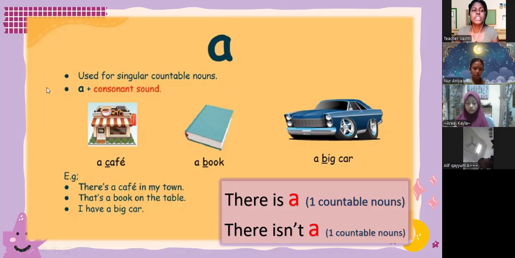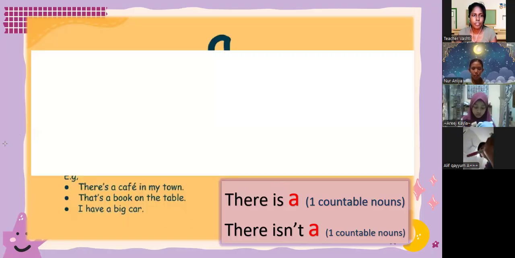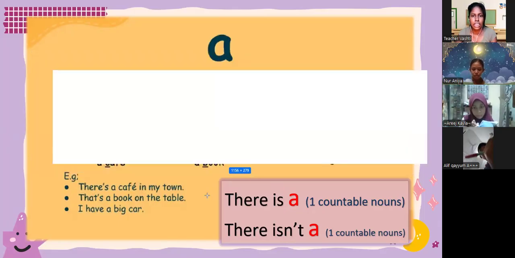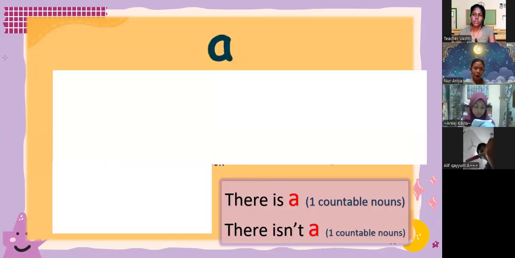Alright? Now, I want you to take out your exercise book and I want you to copy this. The one in the box. Not the rest, yang lain semua tak perlu salin. You can copy the word a and then you copy this.